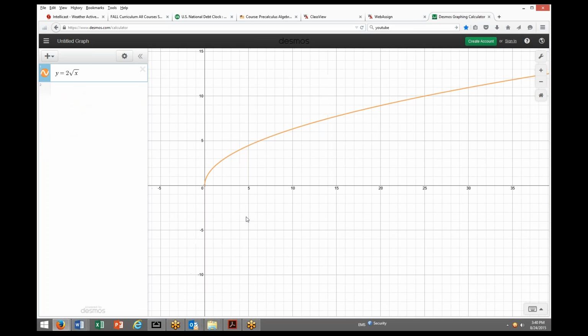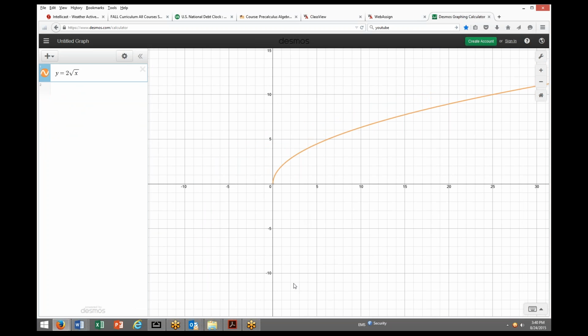Please notice the graph starts right at the origin at 0, 0, and it goes then up to the right, literally forever and ever and ever, gradually banking downward, so to speak. It decreases its slope upwards to the right forever and ever and ever. It never levels off, but it gets closer and closer to being level.